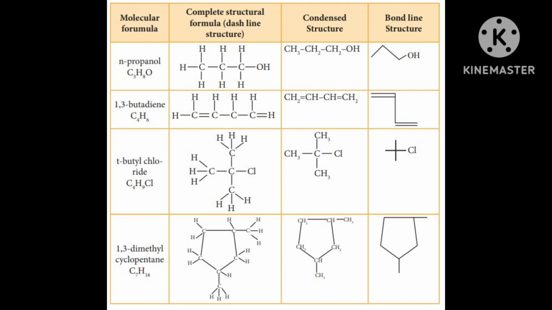From anywhere you remove one H, so only CH will be there, and in the place of one hydrogen, one chlorine will come. Then that point will be CHCl, with one hydrogen remaining and one chlorine added. That is called chlorocyclohexane.